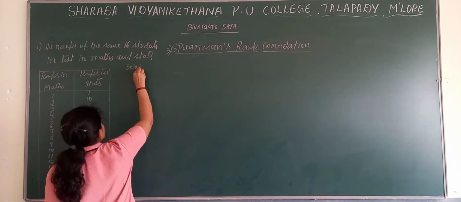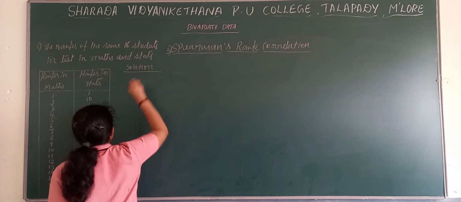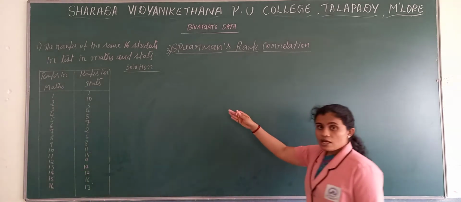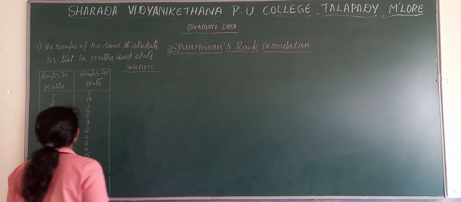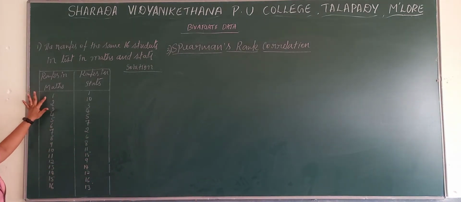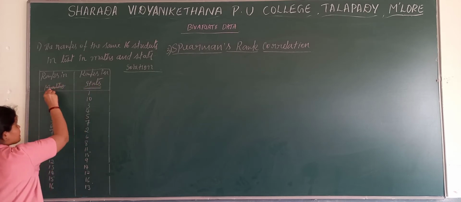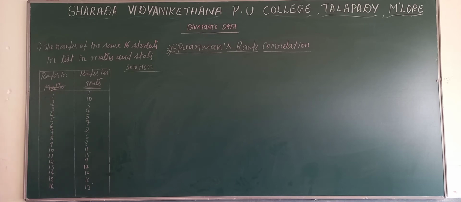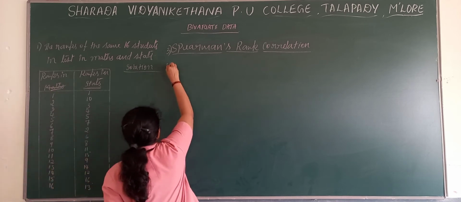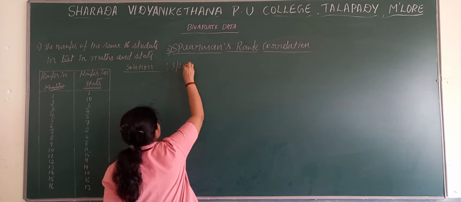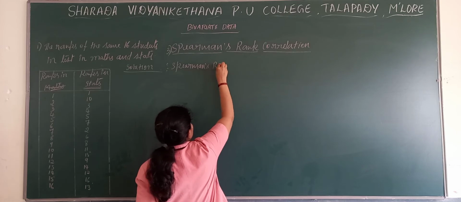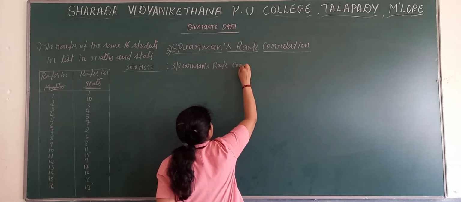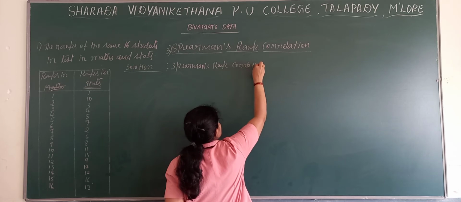Solution. Here it is better to take the values horizontally rather than vertically. Here are the ranks in maths and the ranks in stats. They have directly given the ranks, not the marks. So here we write Spearman's rank correlation.